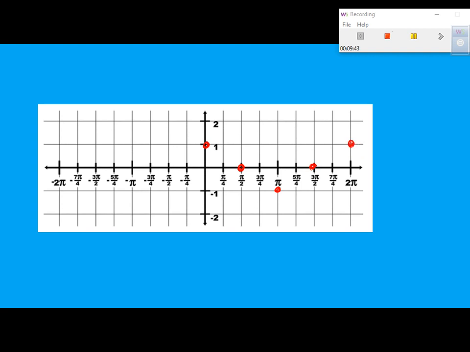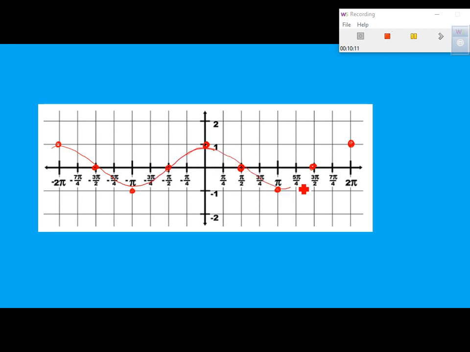Now, let's keep this pattern going the other way. So if I follow it, I know at negative pi halves, I'm going to be back to 0. At negative pi, I'm going to be back down to negative 1. Back to 0, back to 1. Now guys, we're going to connect that in a smooth curve again.